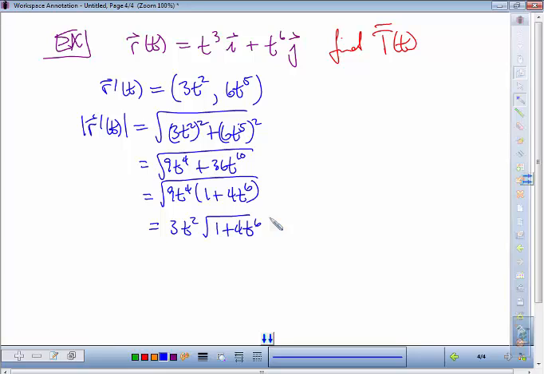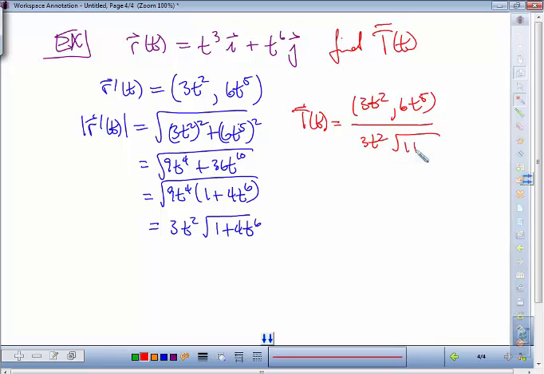If you take the ratio of this, well, I don't know if ratio makes sense since the first thing is a vector and the second is a scalar. Your T of t is equal to, I'll write it a couple of different ways, (3t squared, 6t to the fifth) divided by 3t squared times the square root of 1 plus 4t to the sixth.